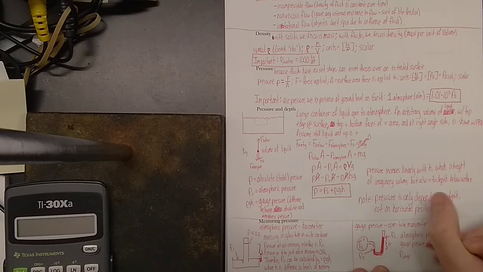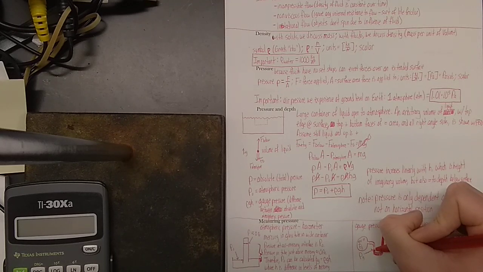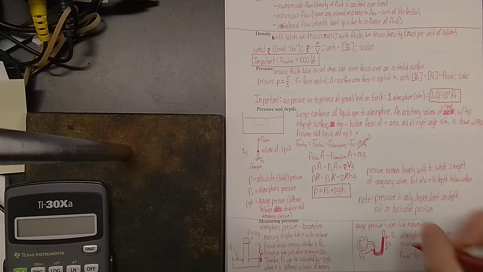And therefore, P gauge is equal to PG, and that's given by the formula rho gh. Basically, the amount of pressure gotten by going down to the level in the liquid right here must be equal to the pressure of this gas right here, which is the gauge pressure. Okay, so again, we see that we can measure the gauge pressure using this idea of pressure increasing as depth increases, rho gh.